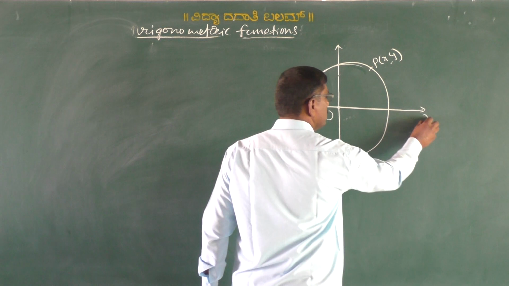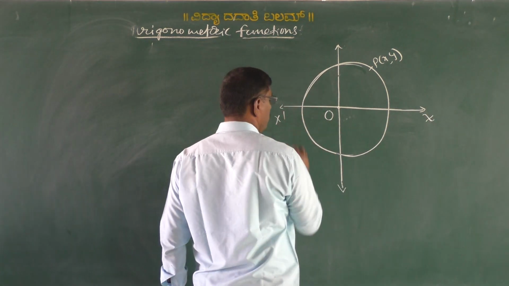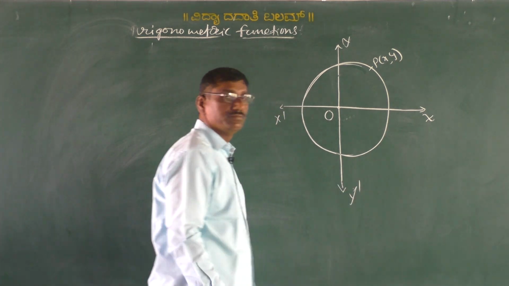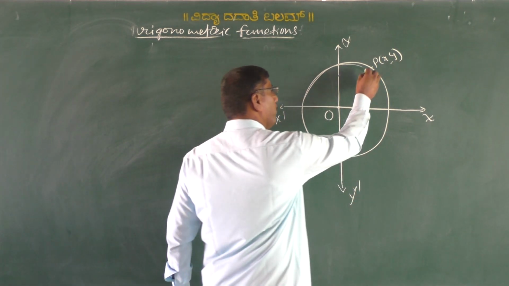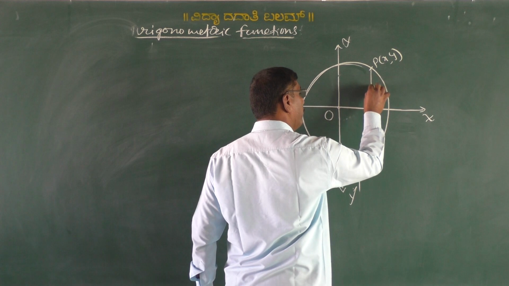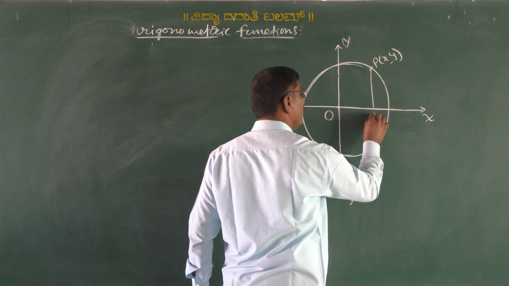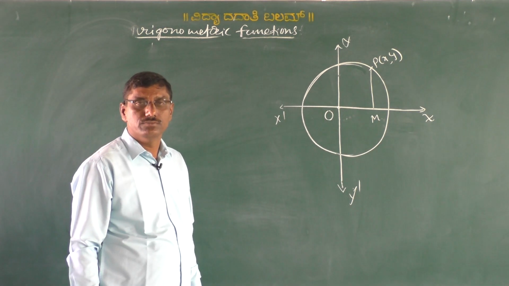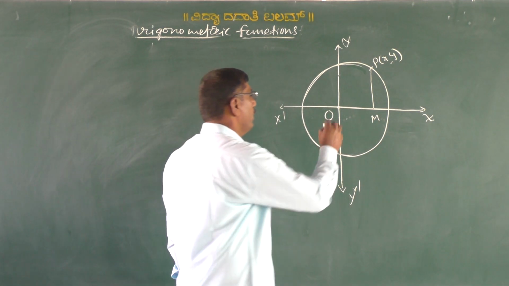This is the x axis, x dash, y axis, y dash. Draw a perpendicular line from the point P to the x axis, called M. Join OP.